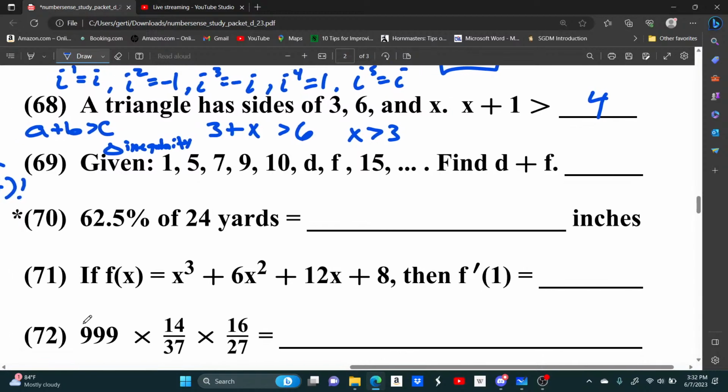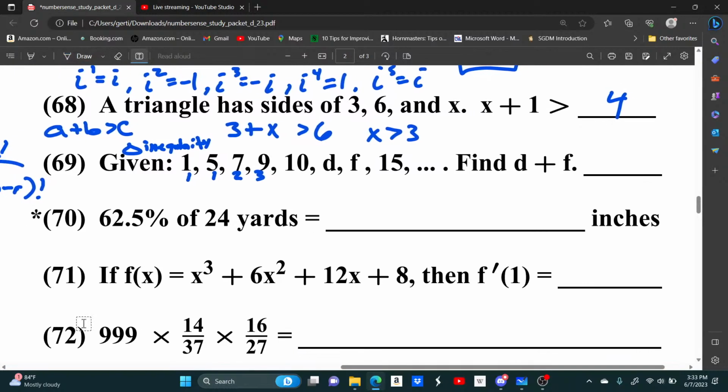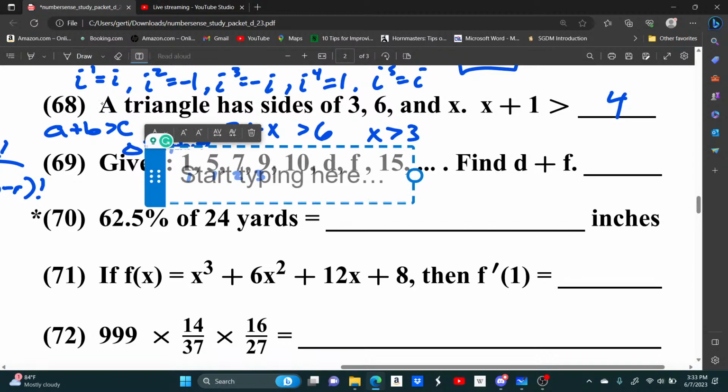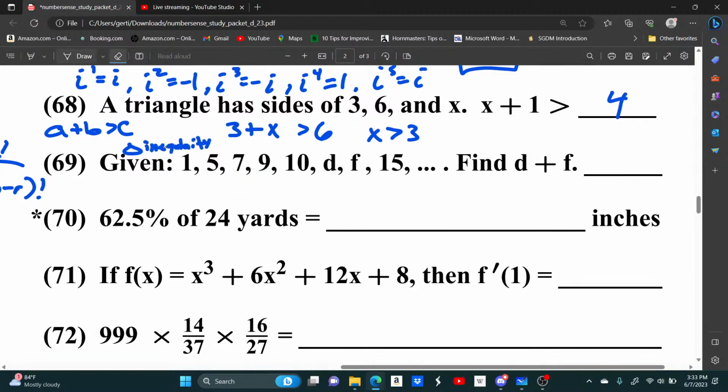Okay, let's see, 69. Okay, we got a pattern, and I'm not seeing the pattern. What's the pattern? Okay, it's not going to be Fibonacci. Primes?